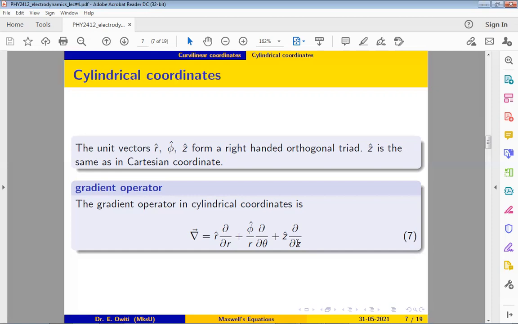So you see, we are not using i, j, k, and again, it is not just a matter of saying partial derivative of r, partial derivative of phi, partial derivative of z. In the center term we have 1 over r multiplied by the partial derivative with respect to phi. So that is the gradient operator, or the del operator.